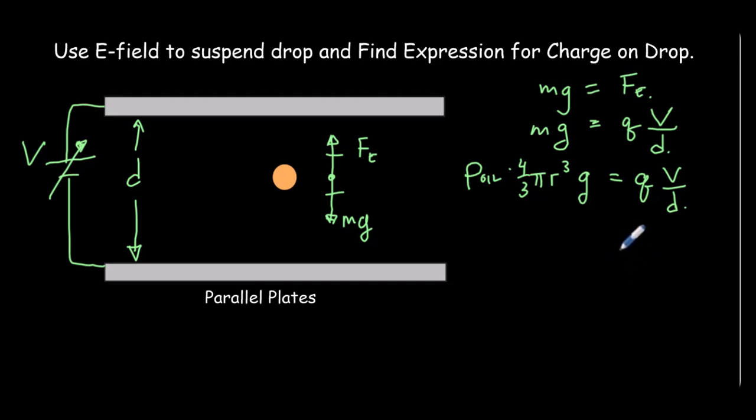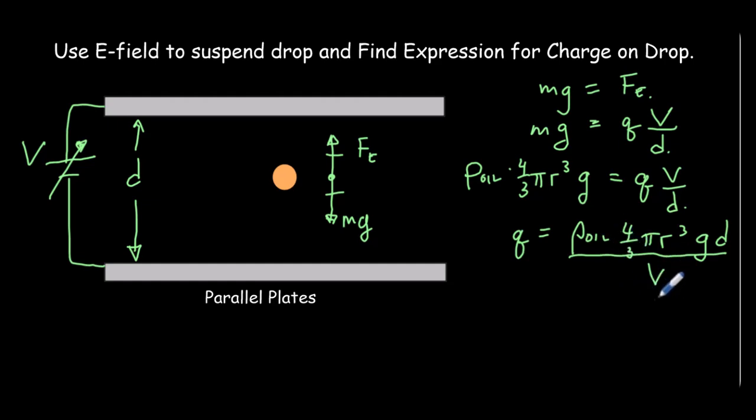Now we can arrange that to solve for the charge on the drop. That's just going to equal the density of the oil times 4/3 pi r cubed times g times d, all divided by the voltage that you're putting across those plates. What we want to notice here is that we know all these quantities.